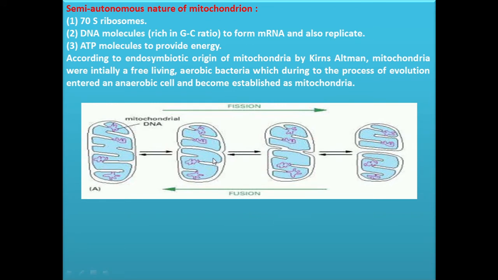As it has its own DNA molecule, it can divide by binary fission into two daughter cells in which this DNA is divided with equal amount, and after fusion they can form a single mitochondria like in bacteria.